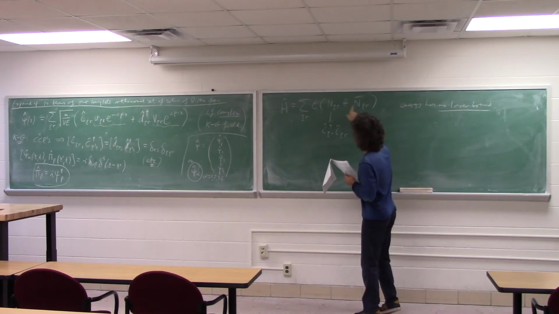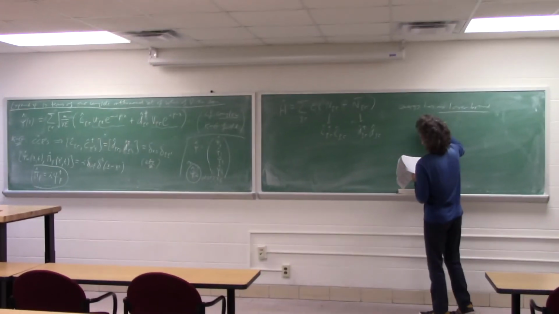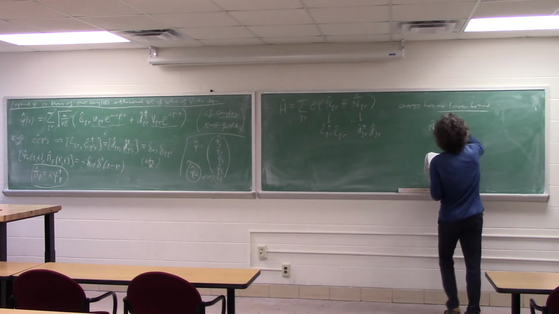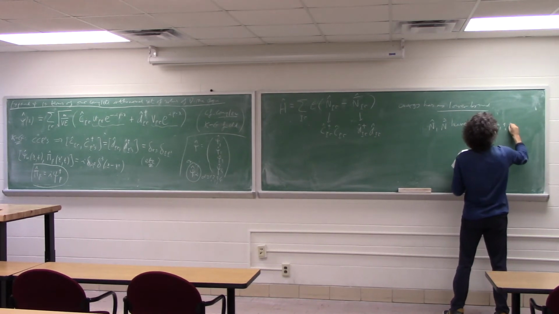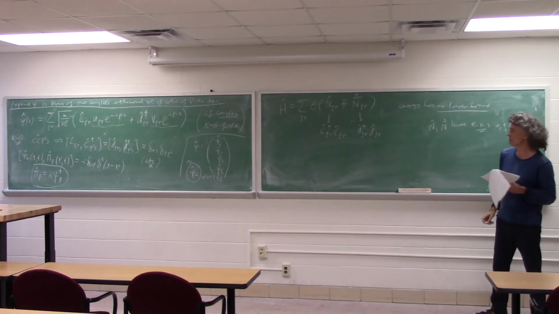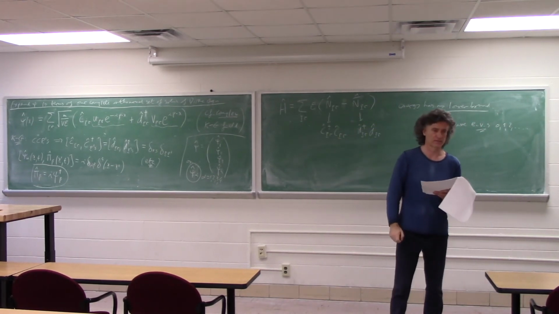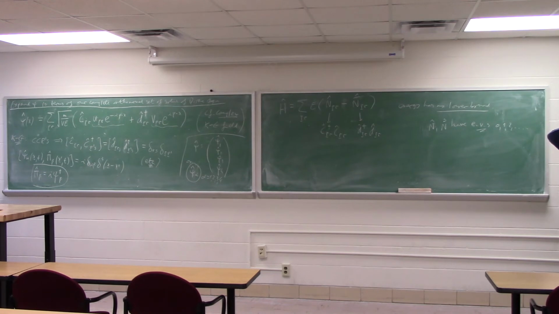Remember, these n and n bar are operators and have eigenvalues 0, 1, 2, and so on. So I could have states where the energy is arbitrarily negative. There's no ground state, so this is usually considered a disaster. If the energy has no lower bound, you've got an infinite pit of energy that you could just extract energy from. There would be no oil crisis and all that stuff.